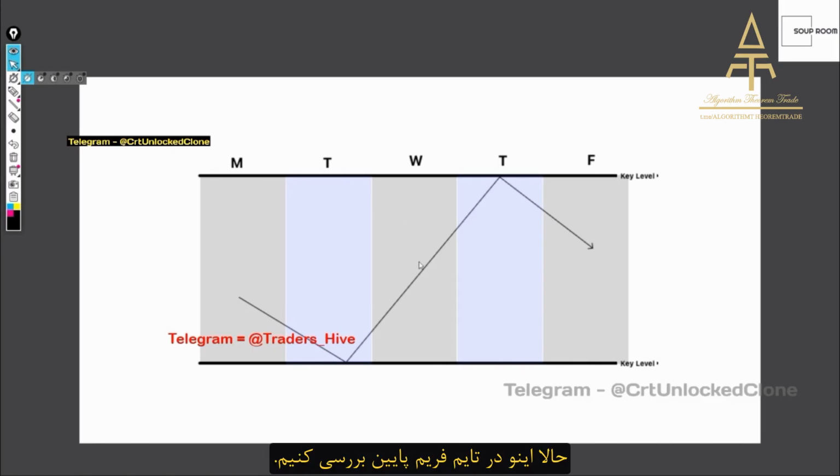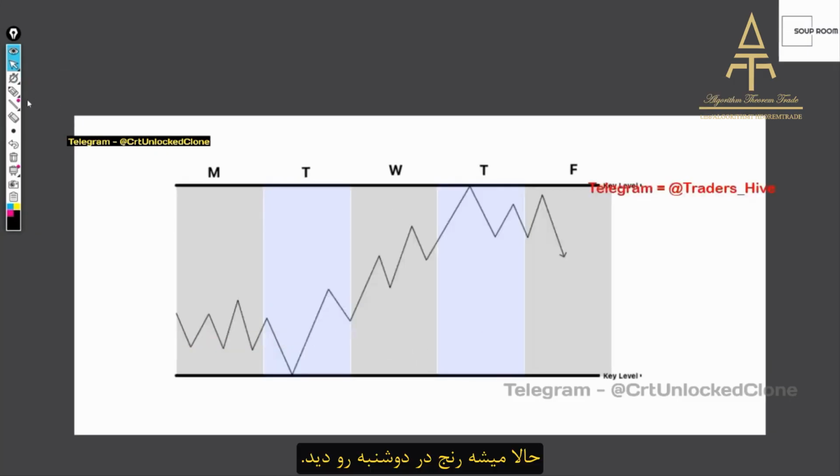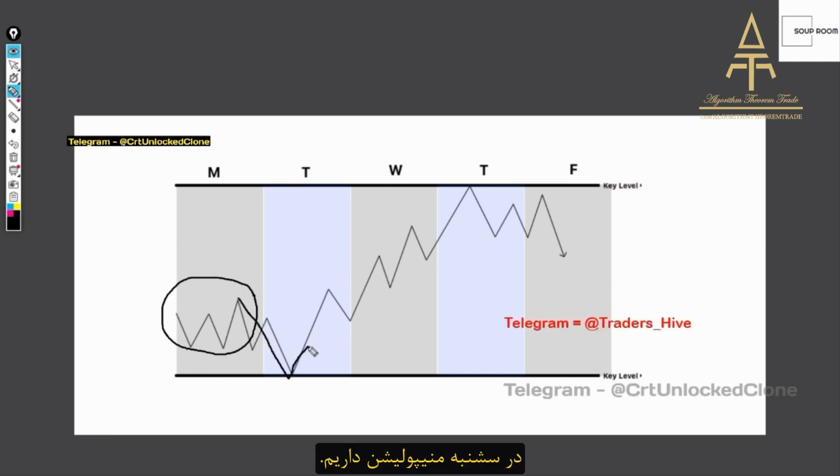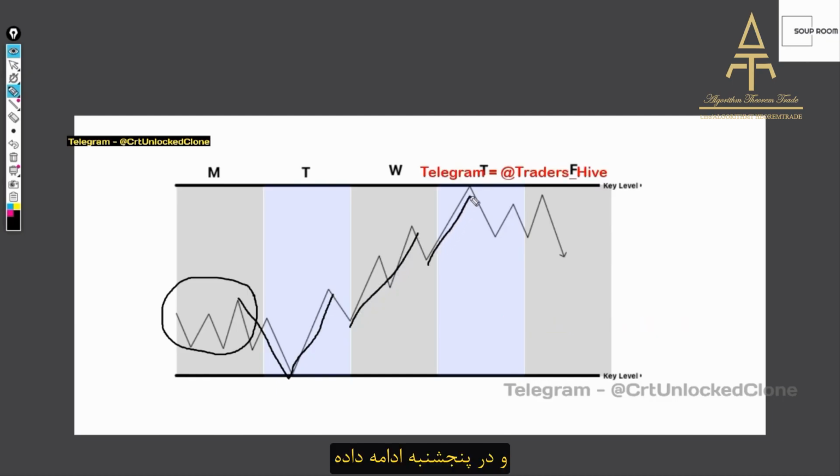Let's look at this exact setup on the lower time frame. So right here, dropping down time frames, you can see we have a range on Monday. We manipulate lows on Tuesday. And we expand on Wednesday and continue the expansion on Thursday.